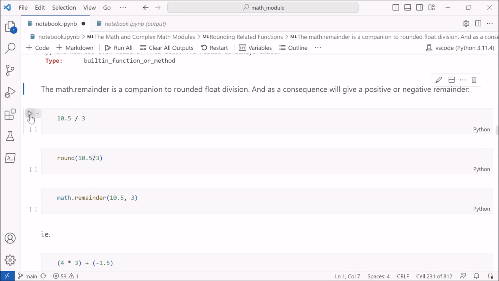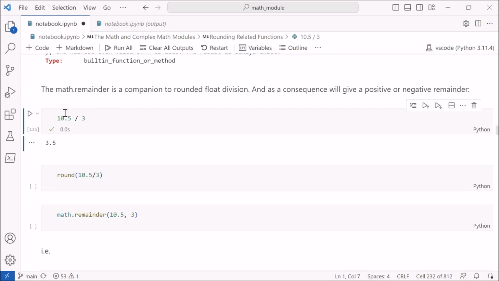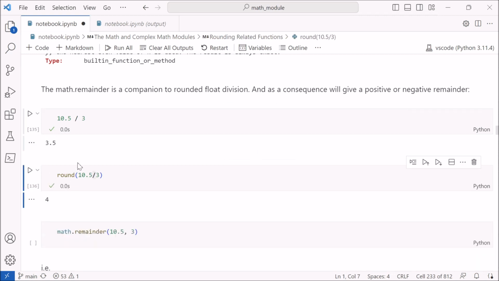So if we take 10.5 as a float divided by 3, we get the value 3.5. If we round this, we're going to round up and get 4. So if we take 4 times 3, that gives us 12, which is 1.5 higher than 10.5.